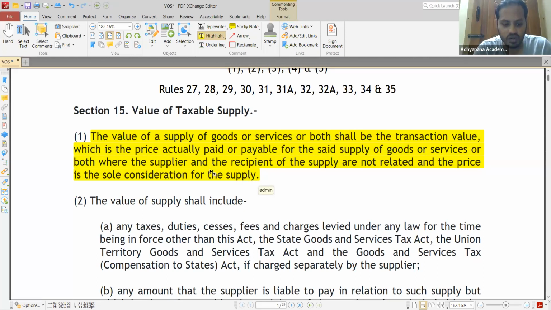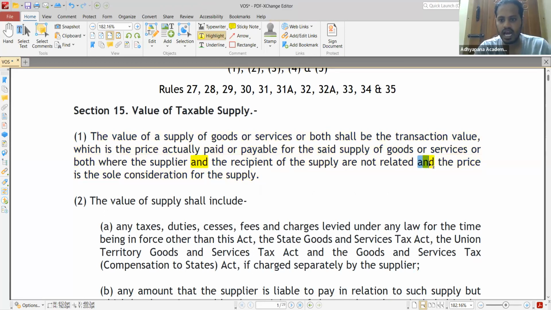See here, we have used an "and" condition, which means 3 conditions have to be satisfied. If any one condition is not satisfied, then you have to jump to the rules and check what the rules are with respect to this transaction and how the value has to be computed. So with the help of the rules, you have to compute the value.